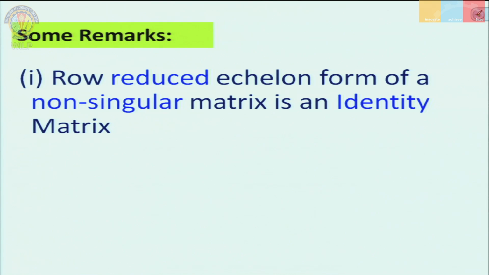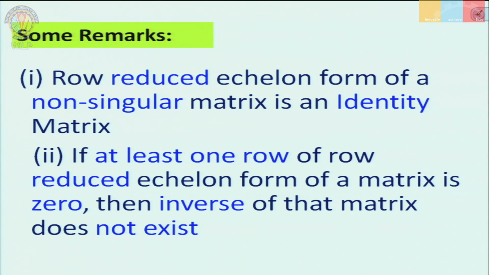And if in the row reduced echelon form of a matrix you are getting any 0 row, then the inverse of the matrix does not exist, because then the determinant of that matrix is 0. The moment you are getting a 0 row, the determinant is 0, therefore, that matrix is singular.